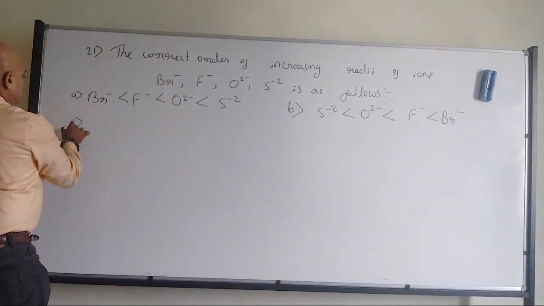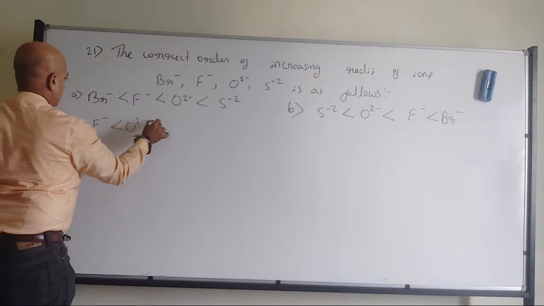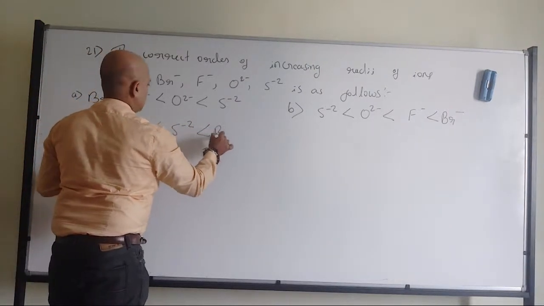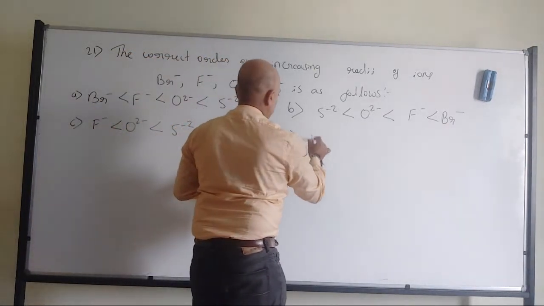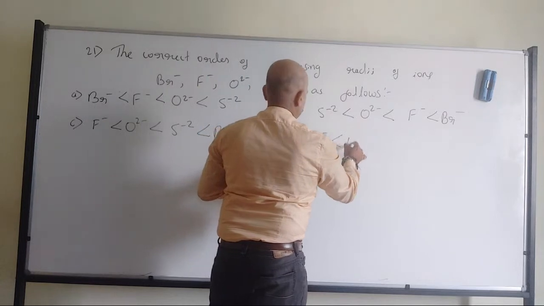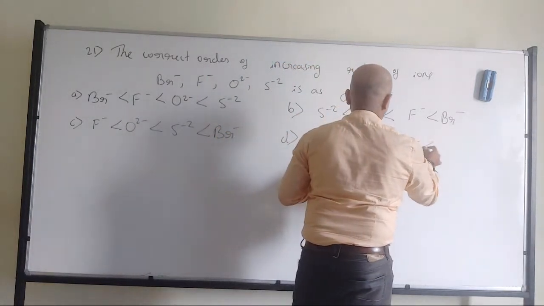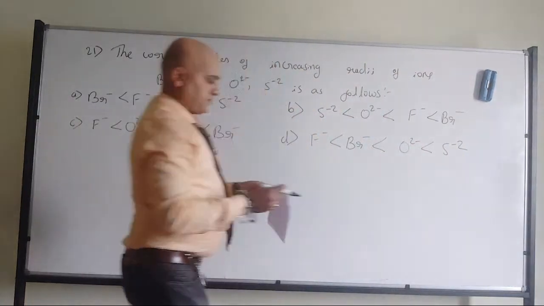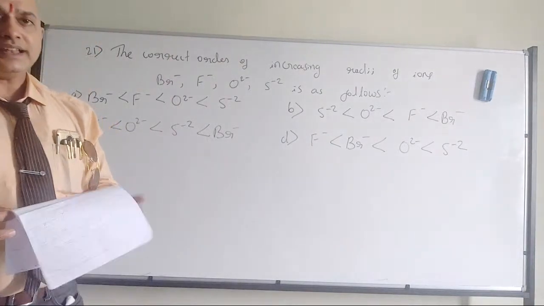Option C, fluoride less than oxide, less than sulfide, less than bromide. And option D, fluoride less than bromide, less than oxide and less than sulfide. Can anyone tell?